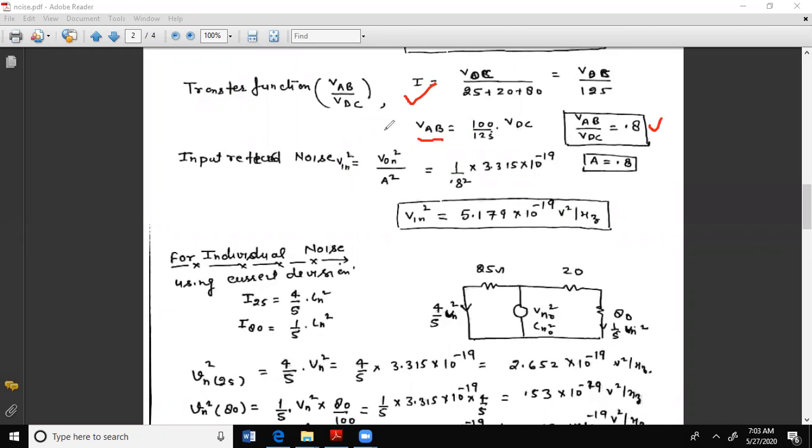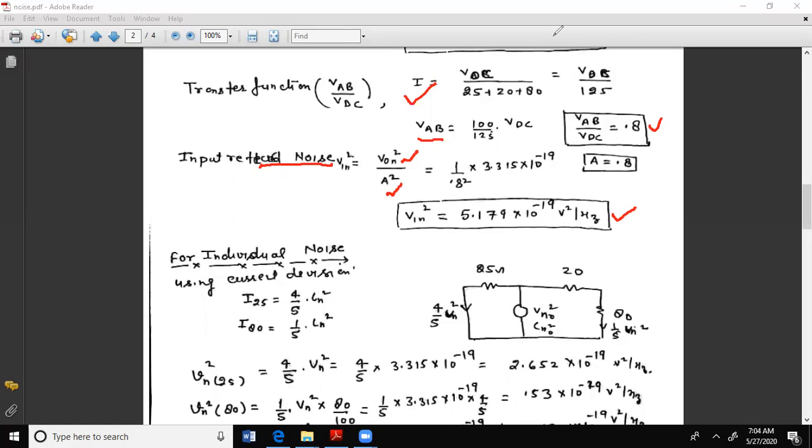So the input referred noise is Vin square. We divide the total output noise power by the gain square of the term, so we are multiplying this with 1 upon 0.8 square. So the total input referred noise power is equivalent to this term. Okay, so this is my total input referred noise.